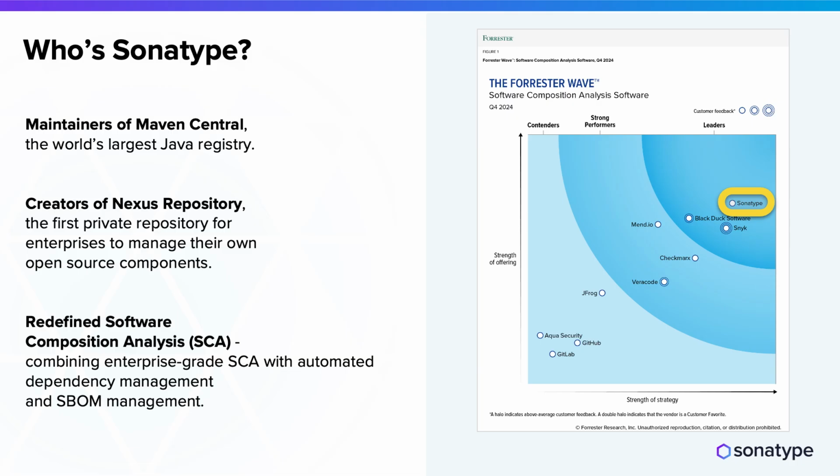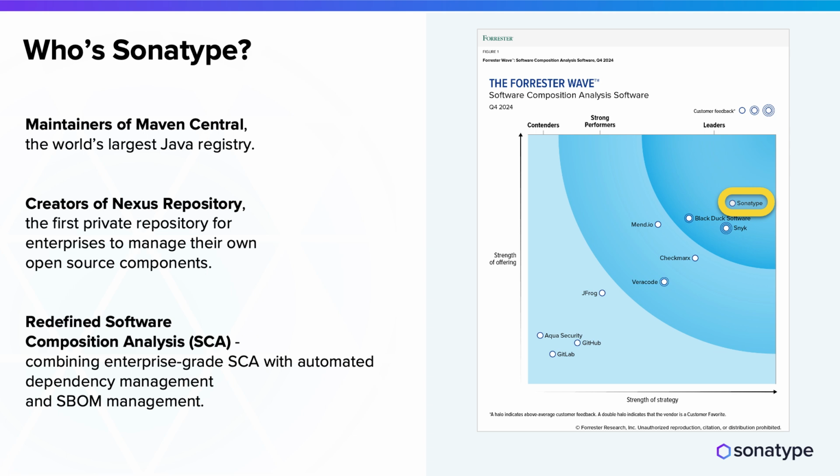And we also help to redefine the whole SCA, software composition analysis. We combine the enterprise-grade SCA with more automated dependency management. Not only are we recognized by Forrester Wave with the best database in the market, we also have tools like firewall and lifecycle policy that can help to automate the whole governance of open source libraries.